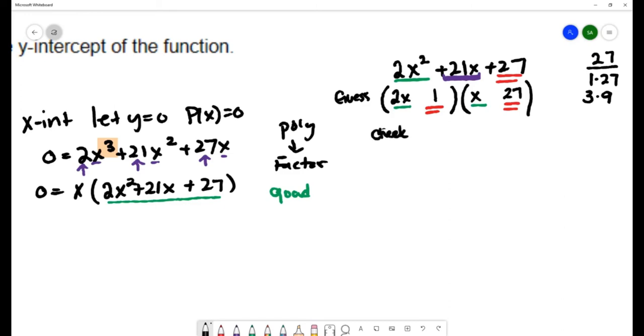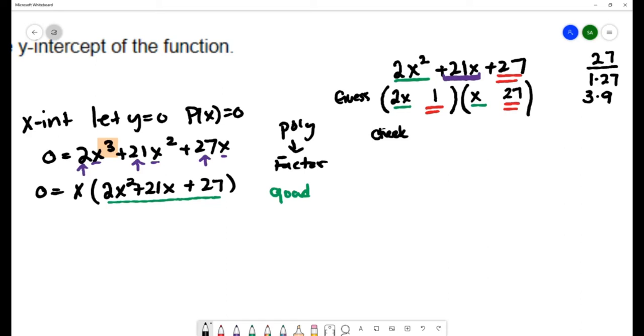We have already guaranteed that the first two terms multiply correctly: 2x times x is 2x squared. And we've already guaranteed that the last two multiply correctly: 1 times 27 will give us the 27. So when I check, I don't need to check everything. I only need to check that the middle number is right.